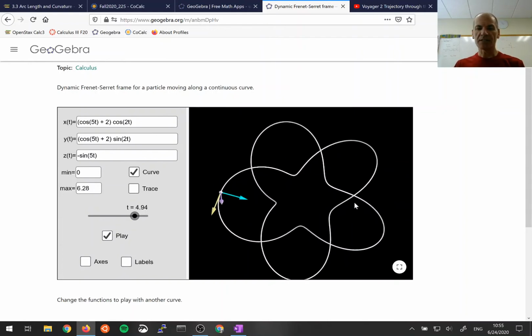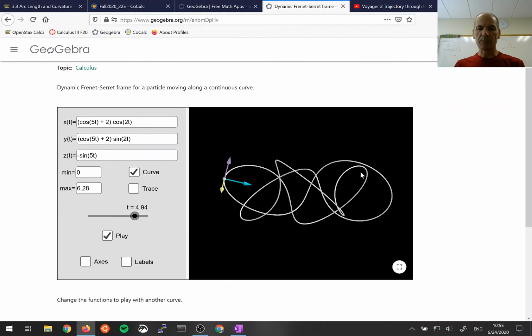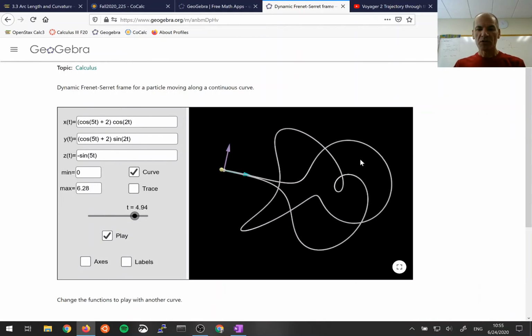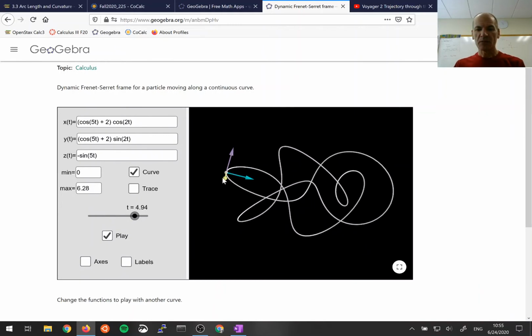It's really hard to see what's going on here, but one thing you should note, or recall, is that the normal vector is always sort of telling you which way the tip of the tangent vector is about to bend. And we can see as we're traveling along this section of the curve that the tip is about to bend in this direction. That tells me what the normal vector is. And again, if I advance this slowly, I can see how that's happening.